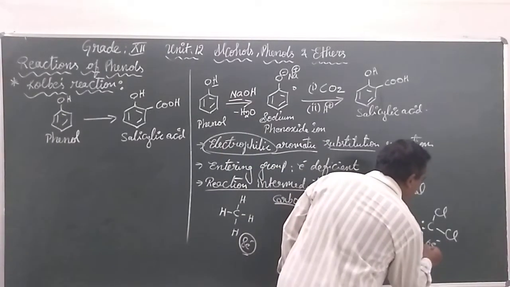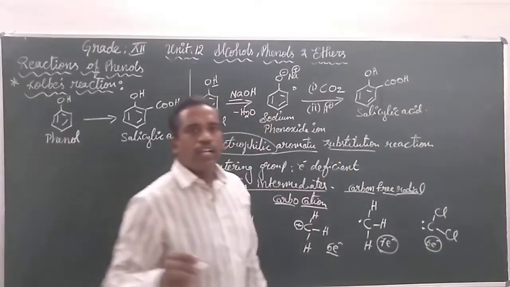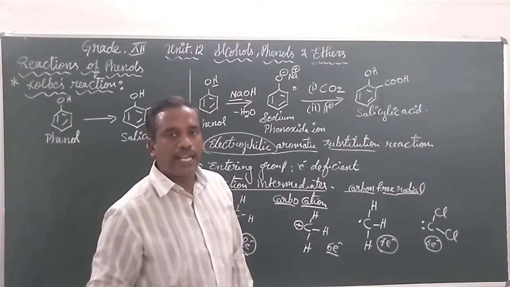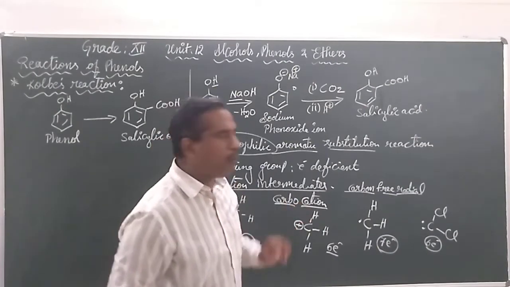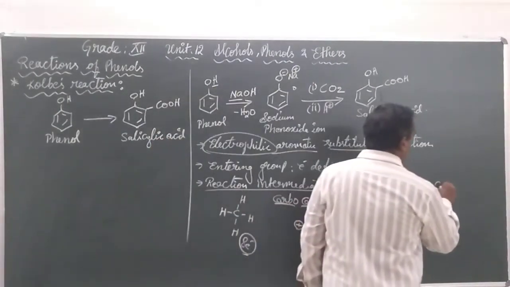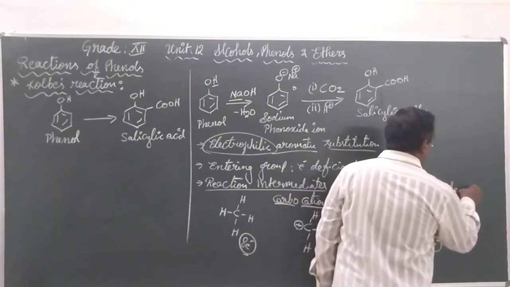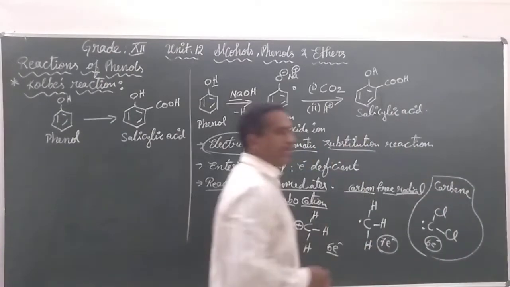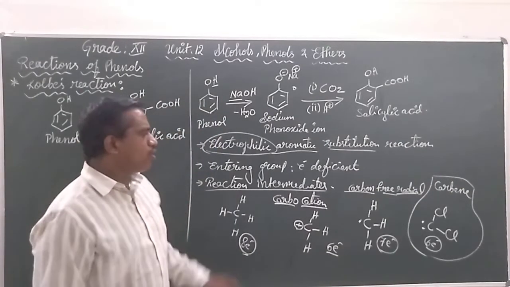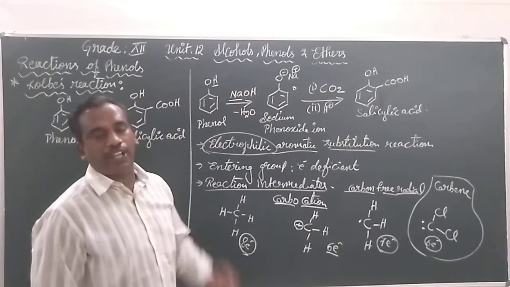So how many electrons does it have now? 6 electrons. The carbon with 2 free electrons and 2 bonds is called the carbene. Okay, so this is the new intermediate that we have done today.